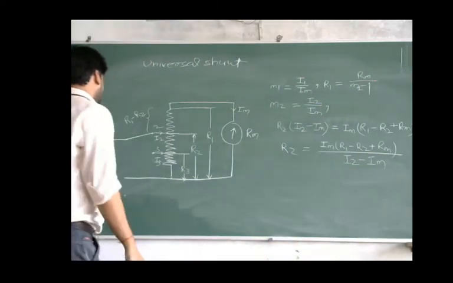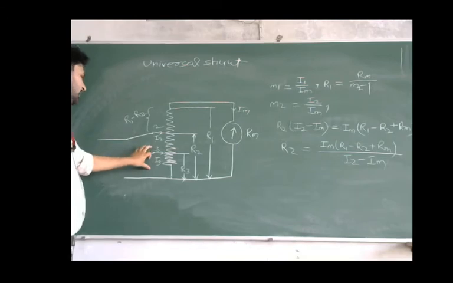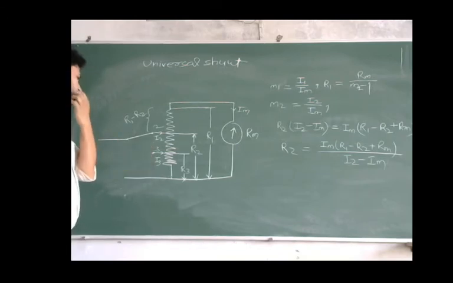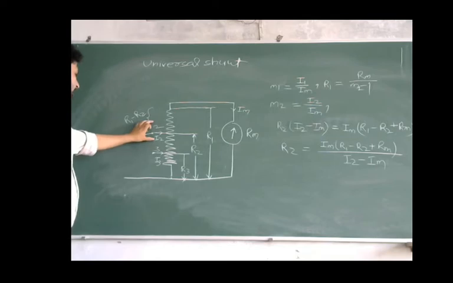So after selecting switch position 3, similarly we can find out the value of the current. We can measure the current I3 after connecting to switch position 3.